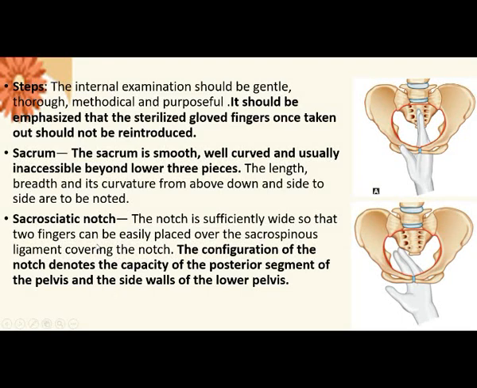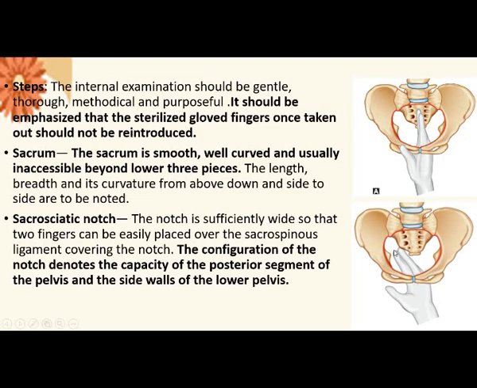Second, the sacro-sciatic notch. So this is the second. We are checking the sacro-sciatic notch. The notch is sufficiently wide so that 2 fingers can be easily placed over the sacrospinous ligament covering the notch. You can see in between, 2 fingers can be easily placed.